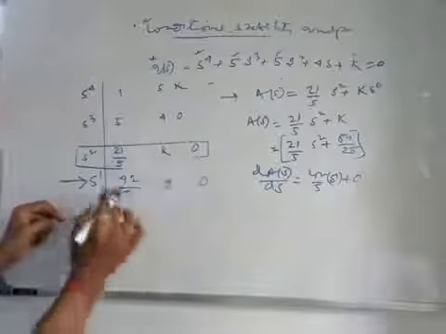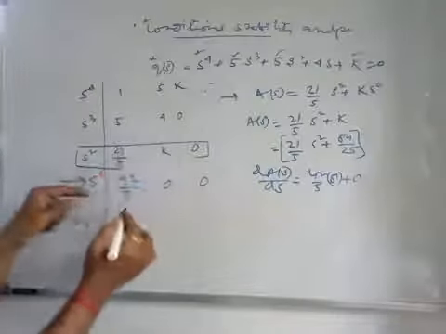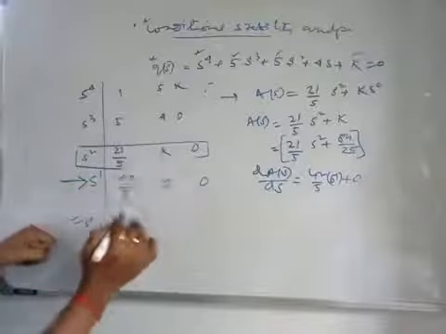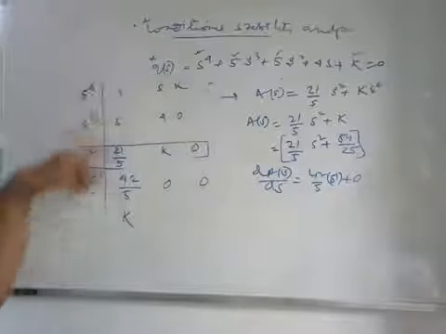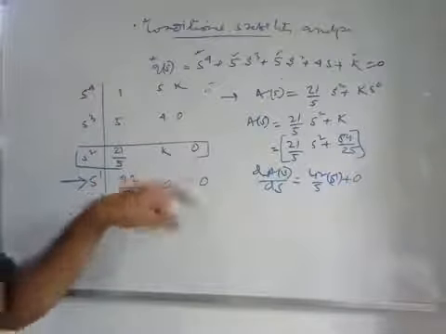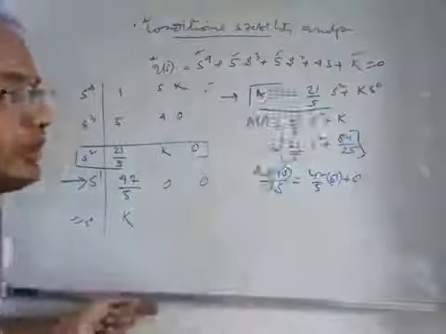Now you can just solve this, minus this by this, equal to your k. So now you have solved this, and this is your auxiliary equation.